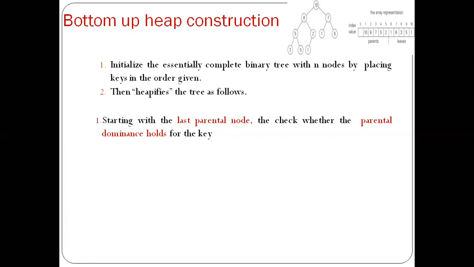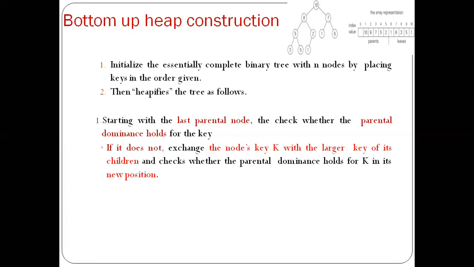So you see the first point: starting with the last parental node, check whether the parental dominance holds for the heap. From the last parental node onwards, we are checking whether this parent satisfies the parental dominance property. If it satisfies, the next parental node will be checked. If the last parental node is not satisfying the parental dominance property, what do you have to do?